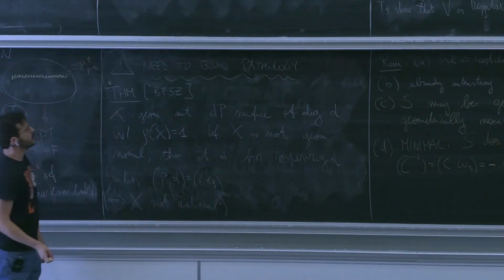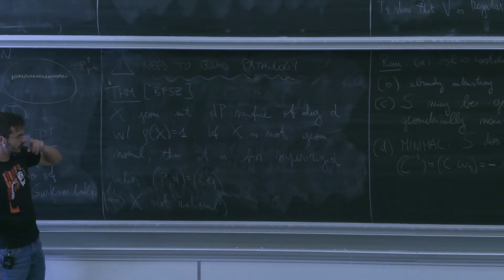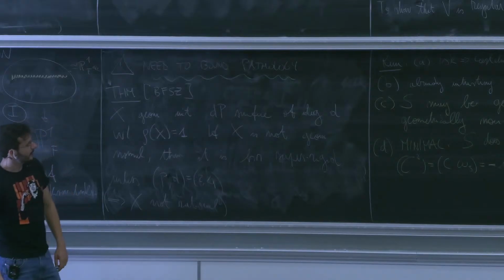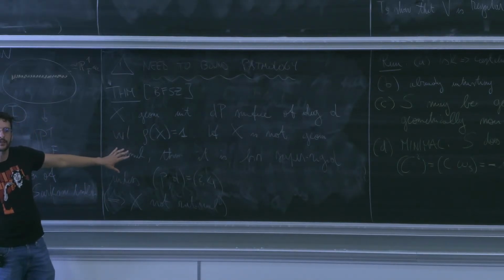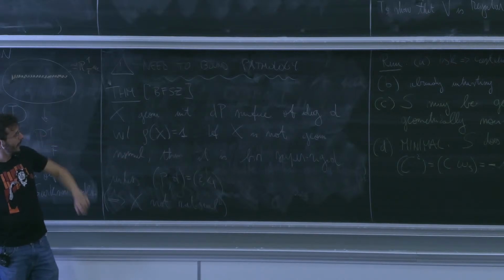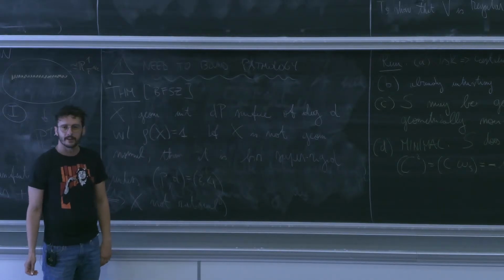Let me finish with just a joke, okay? I was presenting this in the UK, and the key ingredient for this is the Mori-Reid classification of non-normal surfaces. Reid has this habit of giving funny names to things.